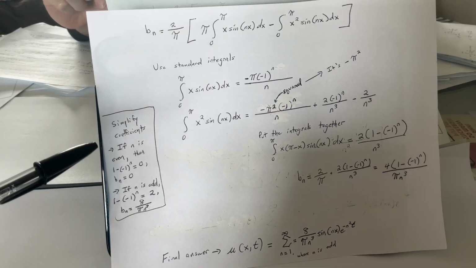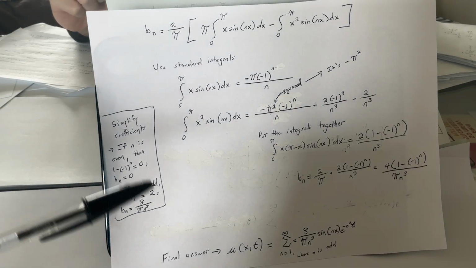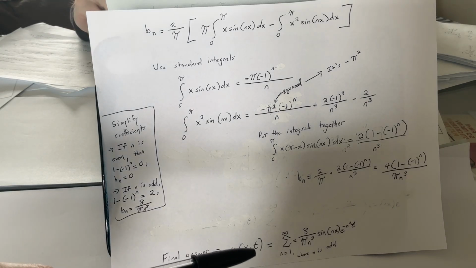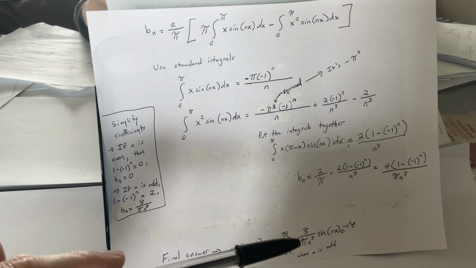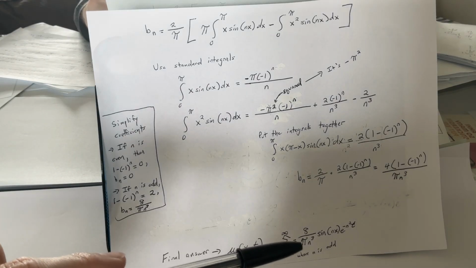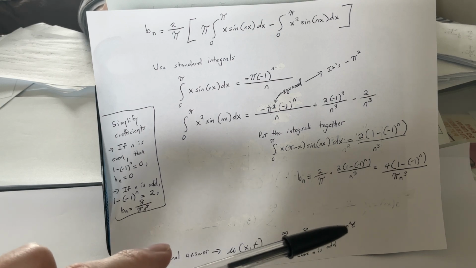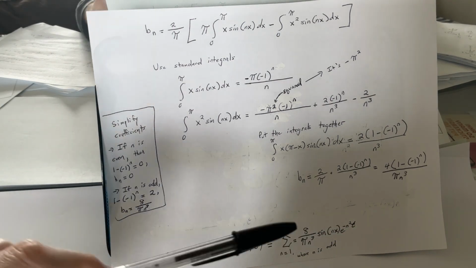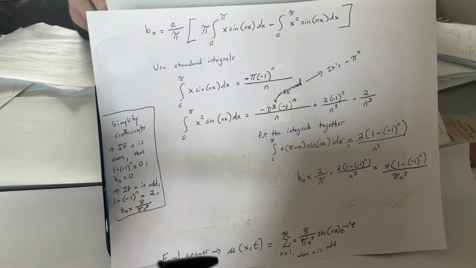Just as a side note here, we'll go over this at the end. Our final answer is u of x, t equals the sum from n equals 1 to infinity of 8 over pi n cubed sine of nx e to the negative n squared t, where n is odd. This would be the final answer.